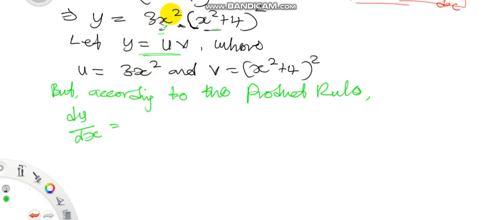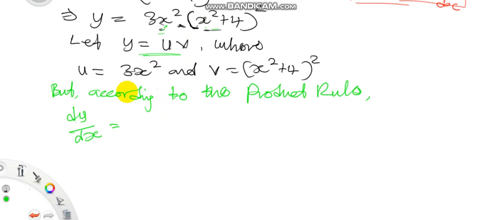Remember, this can be 3z squared, so it doesn't have to be x. It's just because we are having x here that we are saying dy/dx. If this was z, we should have said dy/dz.